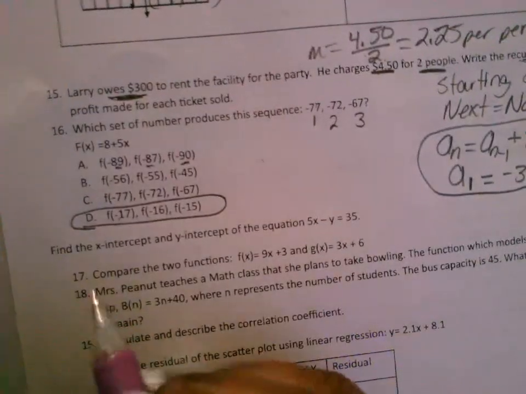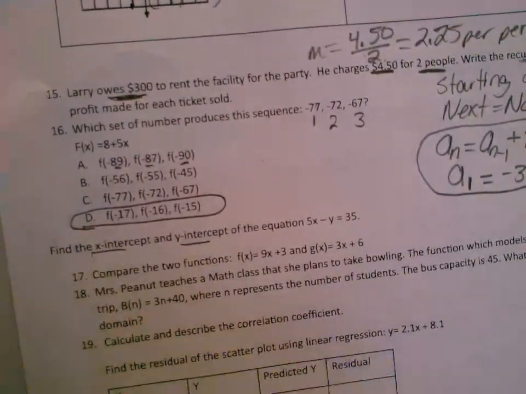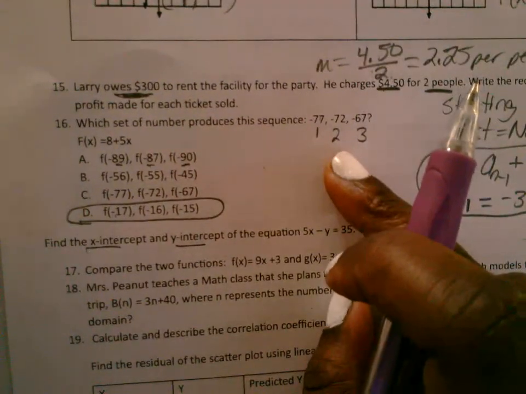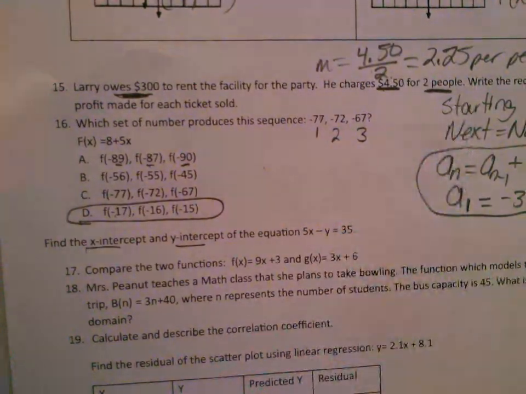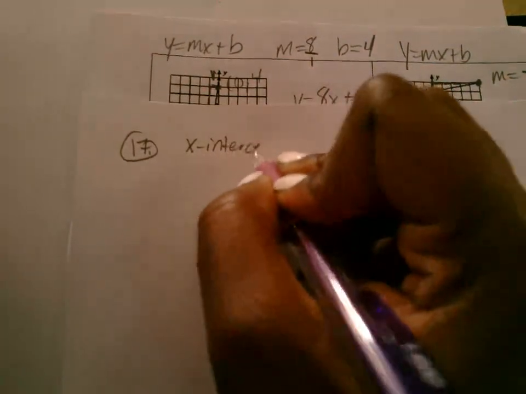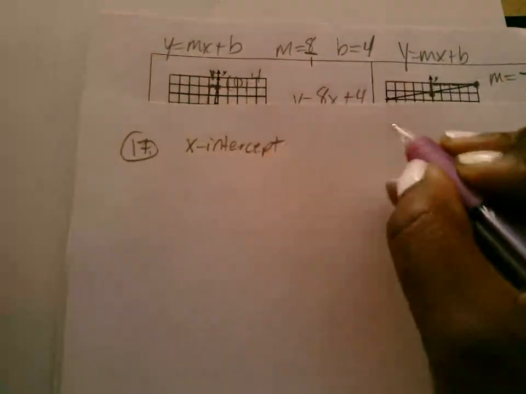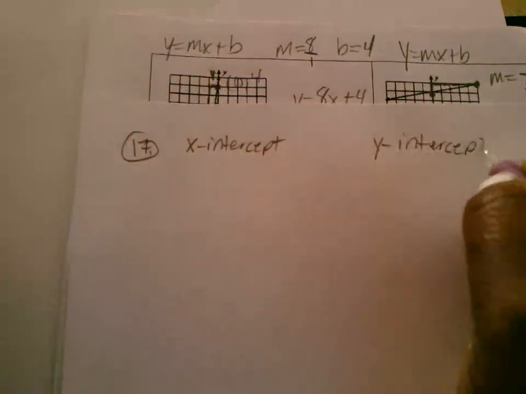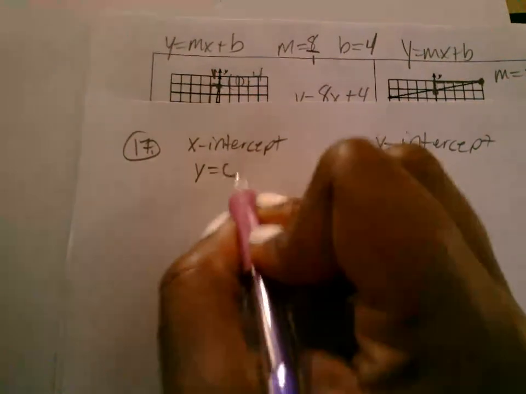All right. Let's find the x and the y intercept. Okay, you ready? Y'all okay so far? Okay. So number 17, we're finding the x-intercept, and we're going to find the y-intercept. When you're finding the x-intercept, your y is equal to 0.